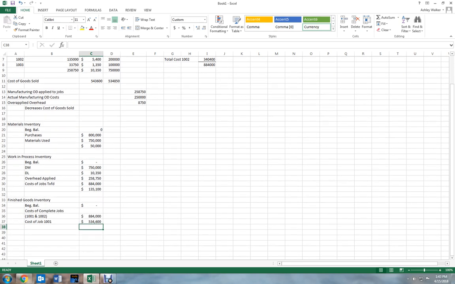Okay. So normally our beginning balance plus the cost of our complete jobs minus what we sold, because those costs have now been transferred to cost of goods sold. We should have a finished goods inventory of $340,400.